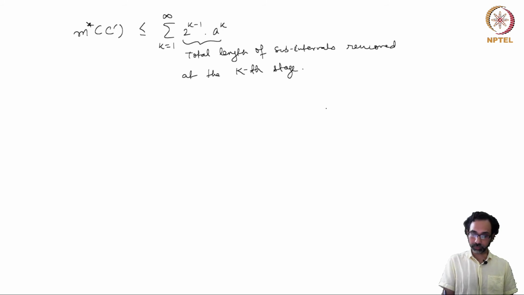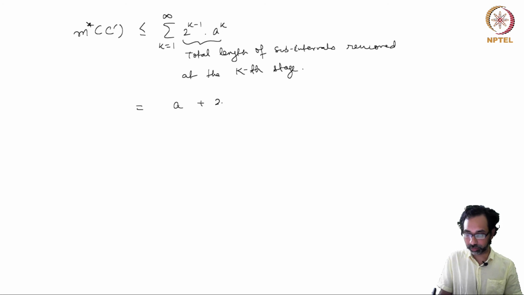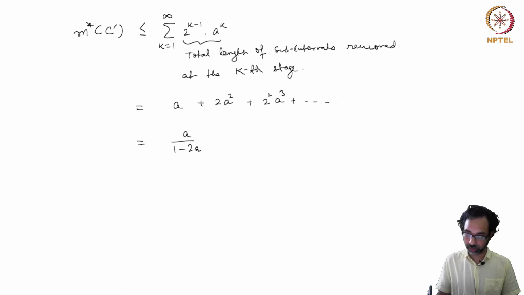So we can immediately sum it up. The first term is a, the second term is 2a squared, the third term is 4a cubed, and so on. If we compute the sum, we will get a over 1 minus 2a.